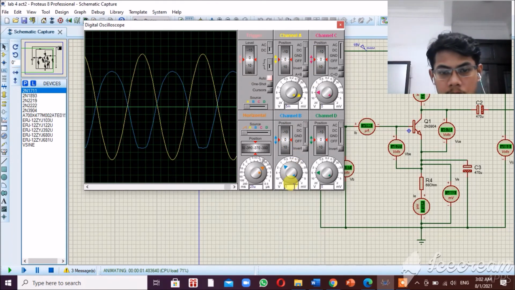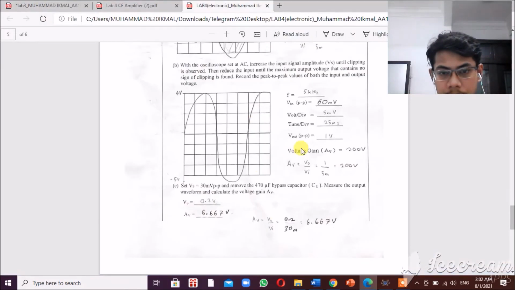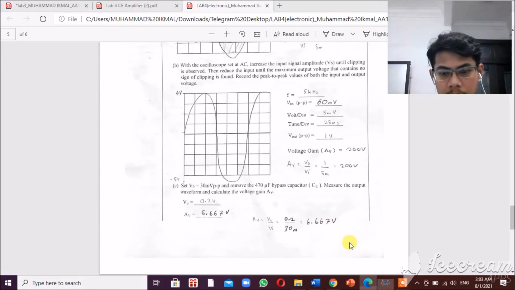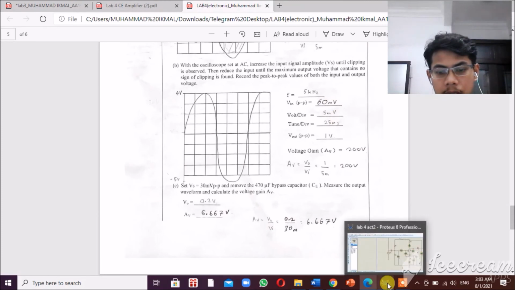So the V output peak to peak is 1 volt, and the V in peak to peak is 16 millivolt, which is 30 millivolt for V peak. The first one I used, and there is no clipping when I use that.